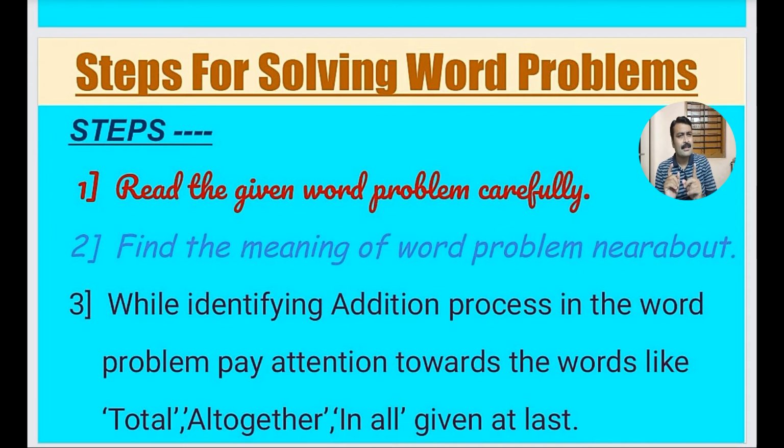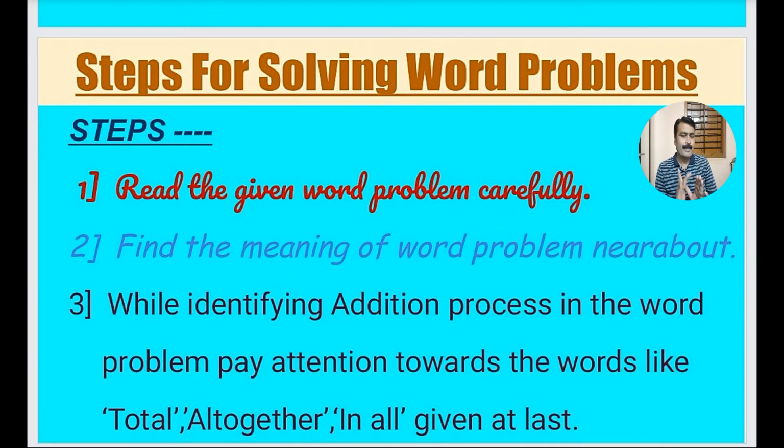The meaning of all these three words is the same. In Marathi the meaning of these three words is ekatrit, ekun. So we find these three words at the ending of that word problem. If we pay attention to such words, then we can easily understand that in that word problem we have to carry out the addition process.